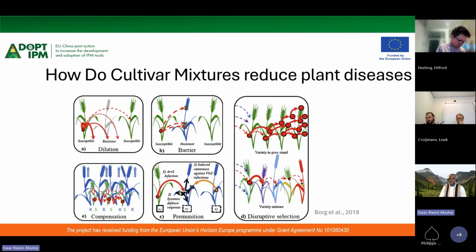So in this instance, an attempt by a pathogen which cannot attack a variety in the mixture can make the variety more resistant, because there is induction of resistance in this plant. So these mechanisms are responsible for the decline in disease attack that we see in the mixtures.